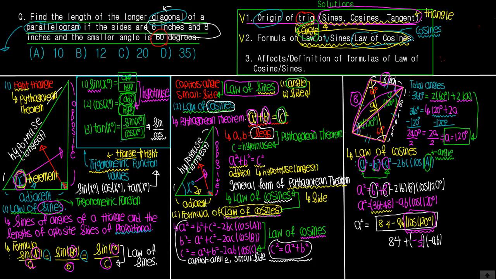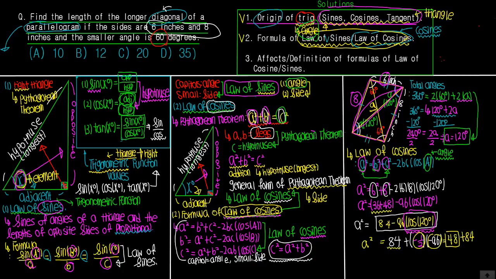So let's think about it in this way. We know that negative 1 over 2 times negative 96 is the same thing as 1 over 2 times 96, which will be equal to 48. And then 48 plus the constant, what will it be equal to? That will be a squared.